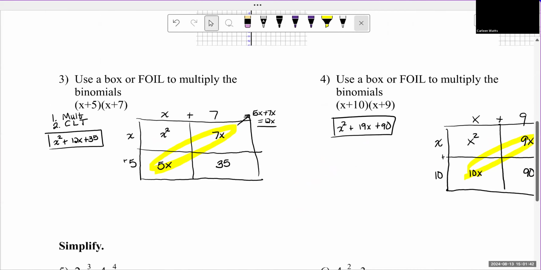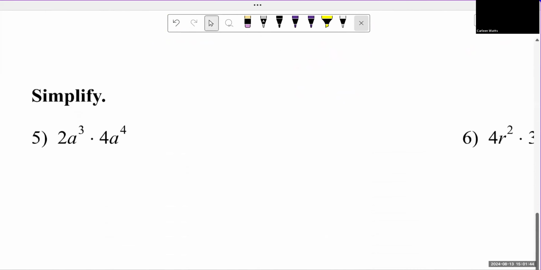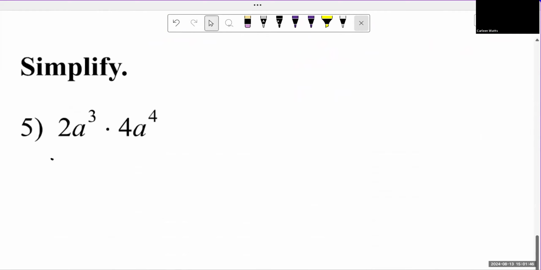Okay, speaking of exponents, let's review exponents a little bit more. These are called the coefficients. So we are going to multiply the coefficients. And these are the exponents.